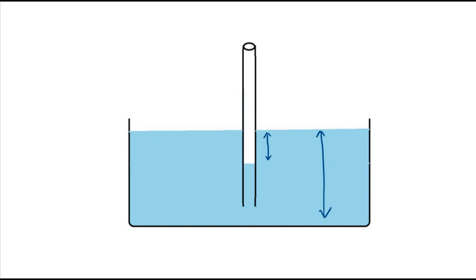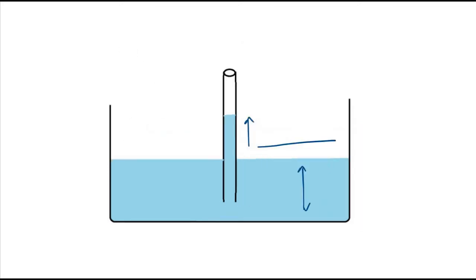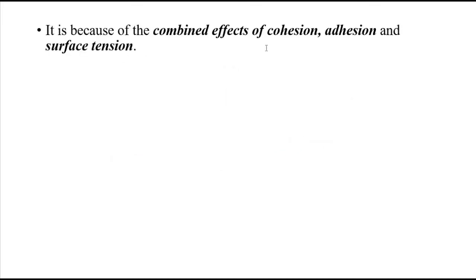Rise of liquid in the tube or fall of liquid in the tube. This phenomenon of rise and fall of liquid in a glass tube of small diameter when it is dipped in a container consisting of a liquid of particular type, composition, density, etc., is called capillarity. And capillarity is the combined effect of cohesion, adhesion and surface tension.